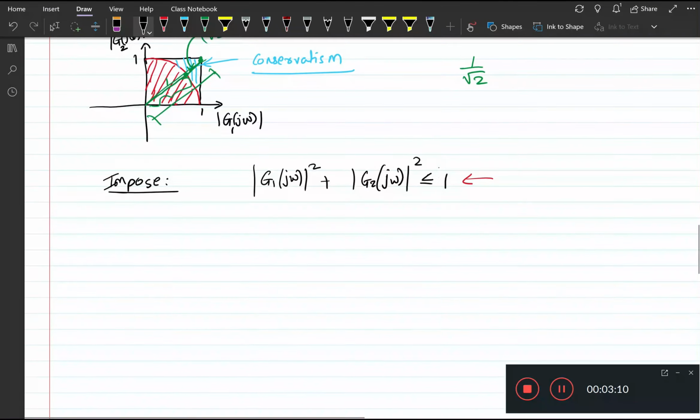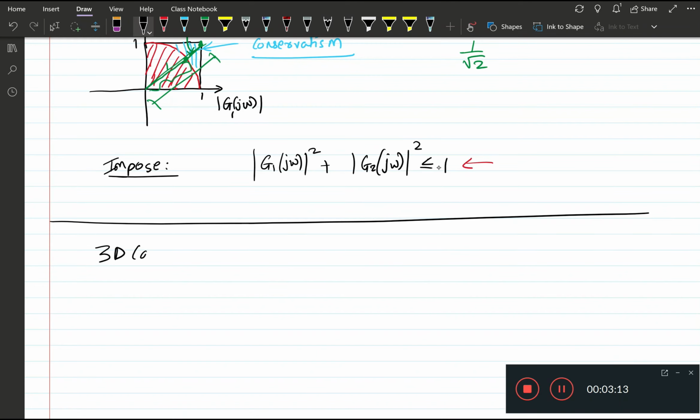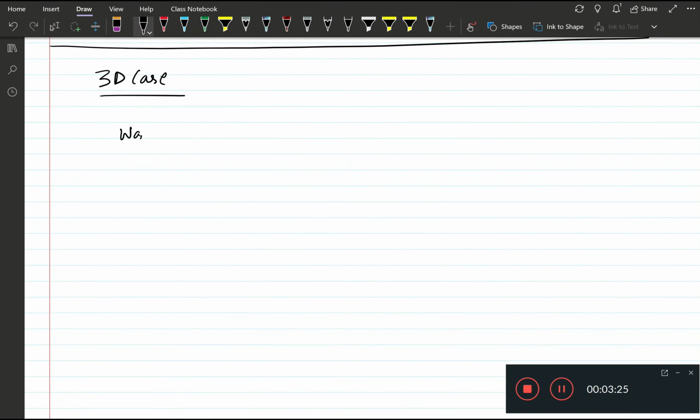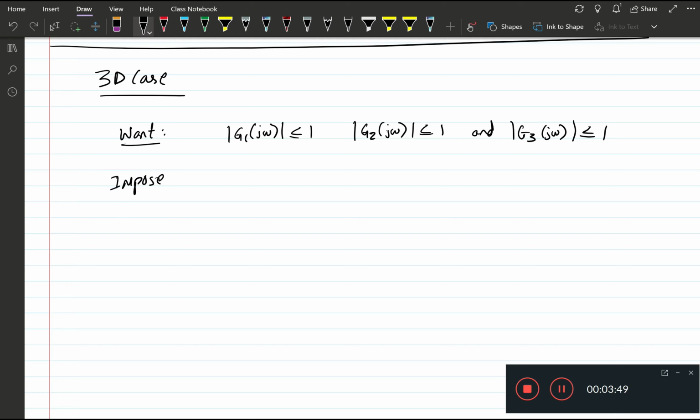Now we can go to our 3D case where we want this to be less than 1, and if we again plot this in the form of a sketch, so let me also write what we impose instead. So we can now bring a sketch.